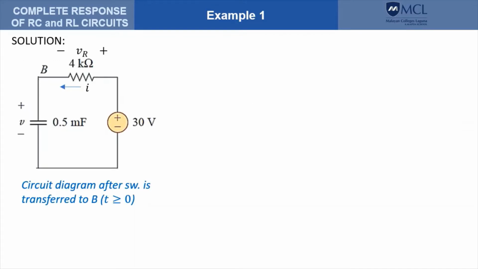Here is our circuit from the time the switch is transferred to B. So it is a series RC circuit where we have indicated the current, the direction, and the voltage across the resistance V sub R. Since this is a series RC, we can use the equation that we have derived for a series RC circuit.